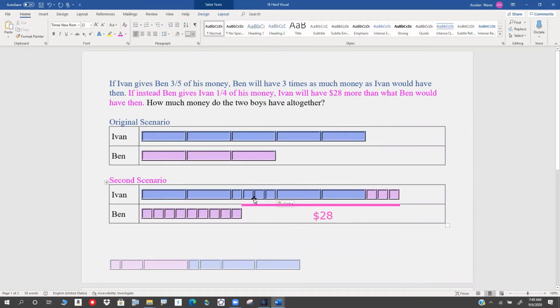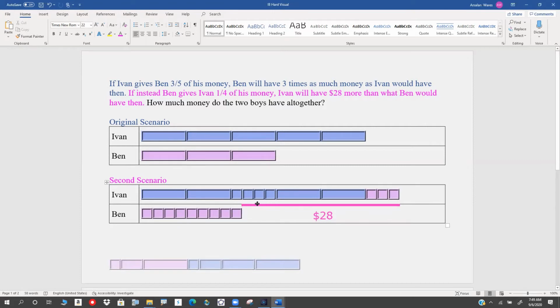Now I can go ahead and replace all of Ivan's units with 4 quarter units, but I'm not going to do that. I don't need to. It can be done, but it'll make it look more cumbersome. But this is good enough. I can calculate how many bits. A bit is a quarter of a unit.